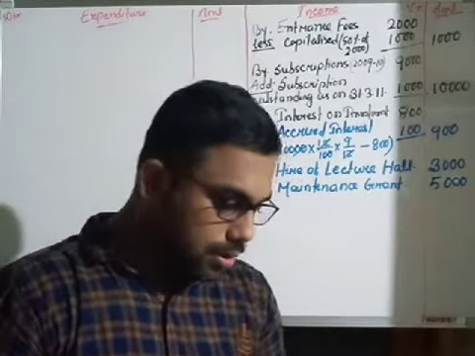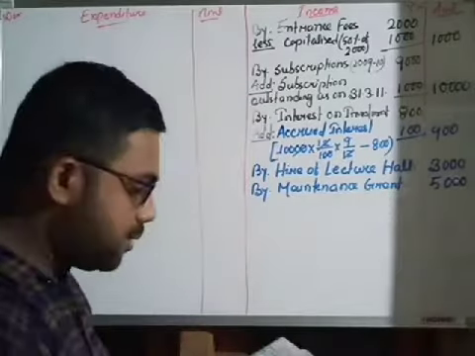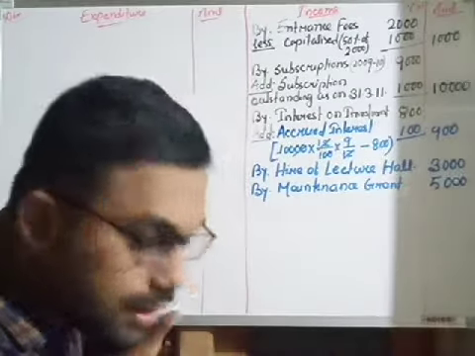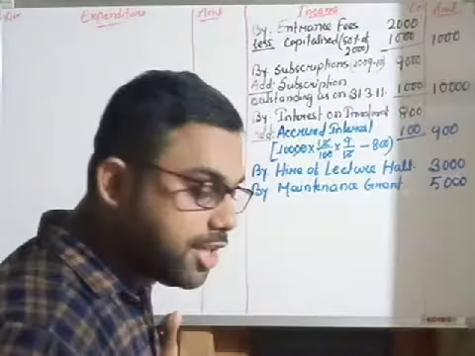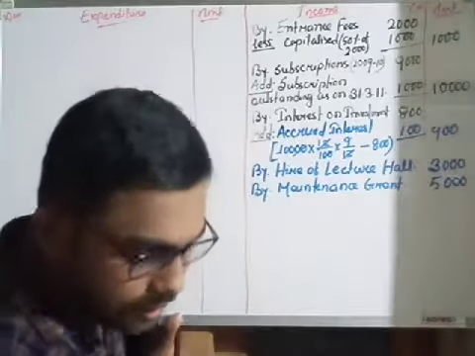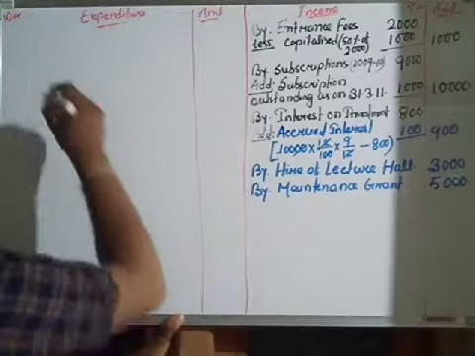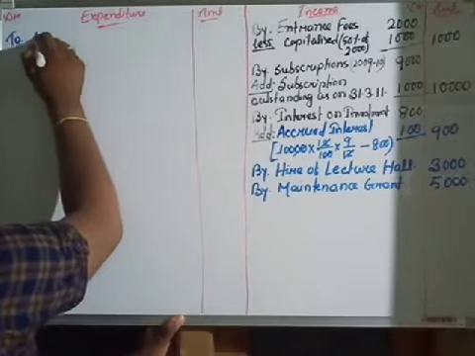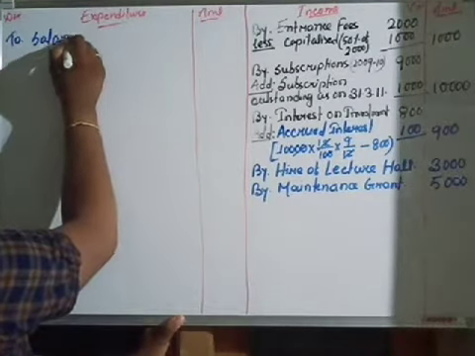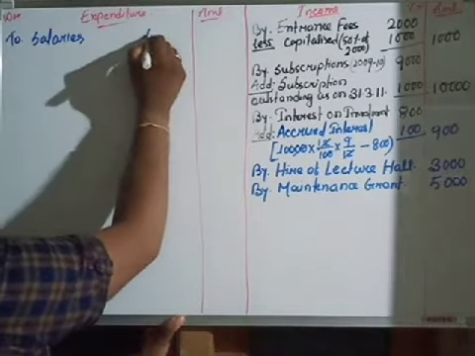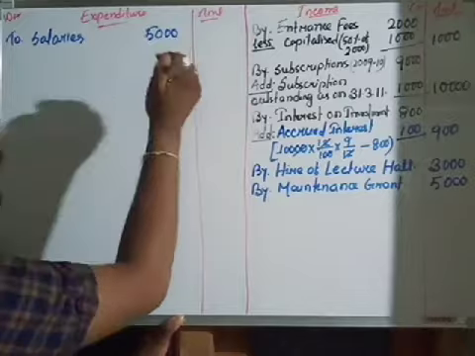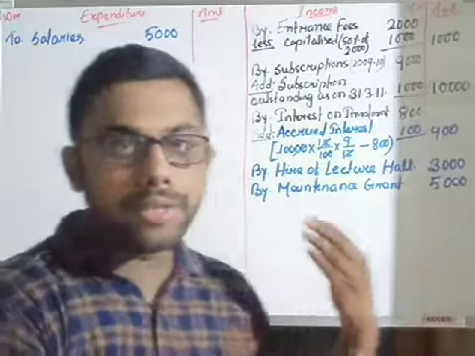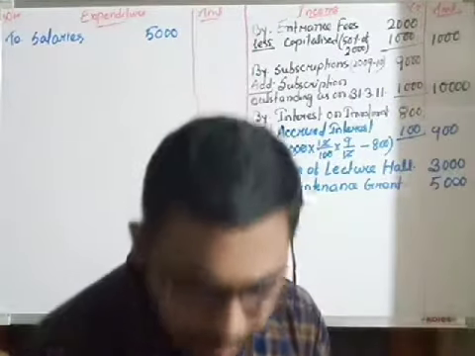So next, what are the payments? That is the expenditure. What is the first expenditure? On the payment side, the first expenditure is salaries. So we have to write to salaries rupees 5,000. Why have I written it in the inner column? Because there are some adjustments regarding salary.